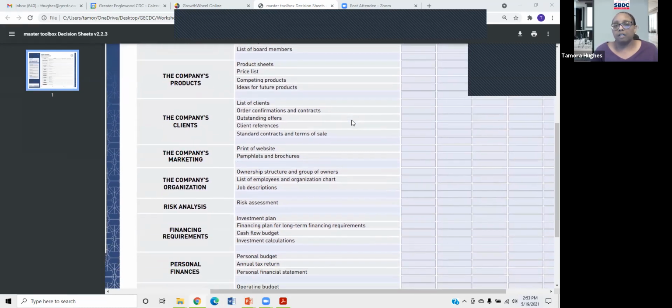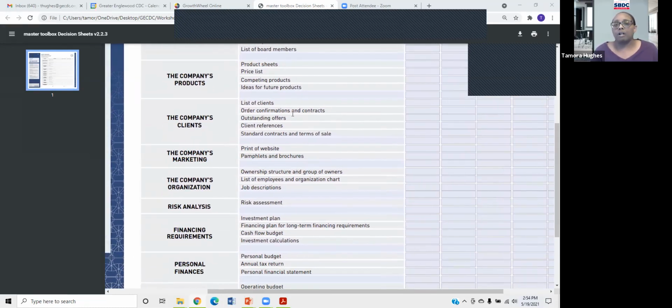Then the company clients. You always want to keep a list of your clients. This really works well with marketing when you know who your clients are. You might want to get their birth dates or celebrations, anniversaries, especially if you're selling things, and you want to send them a card or postcard and say, hey, discount, or get a free cupcake or something like that.